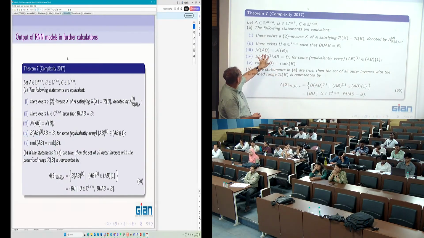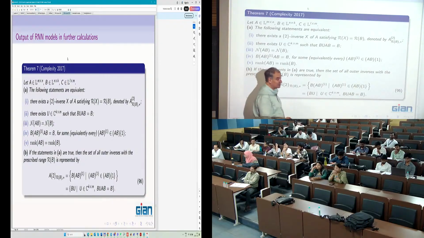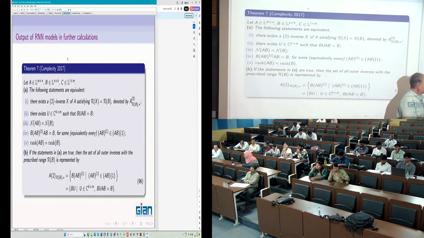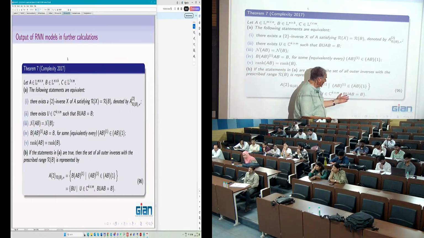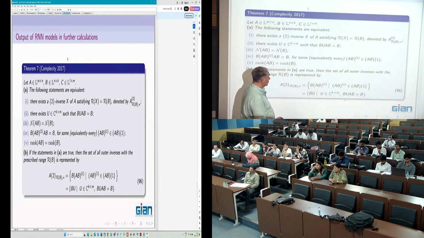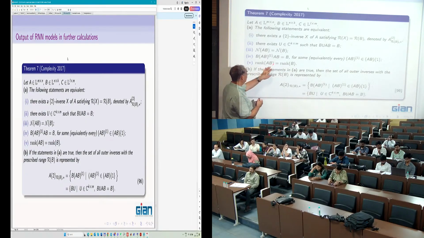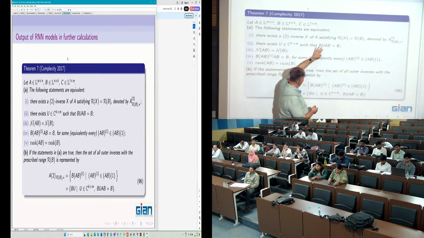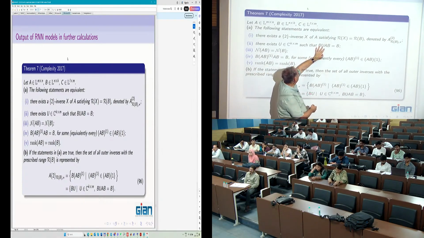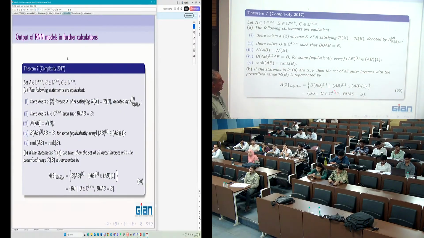For this outer inverse, the matrix condition must be satisfied. If this condition is not satisfied, this theorem is not valid. BUAB will not be solvable because it will not be a general linear matrix equation with respect to the unknown. So the requirement is about the equality BUAB equals B. If we consider BU here as X again, we will obtain X, an outer inverse with prescribed range.